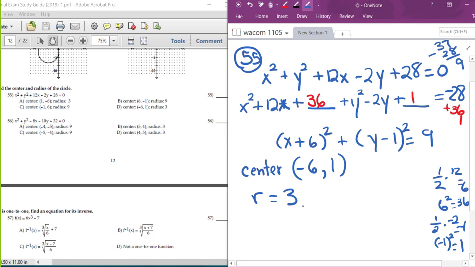All right, and we were on 55. So negative 6, 1 with a radius of 3. It looks like choice D. And I'll just double check that. Yes.